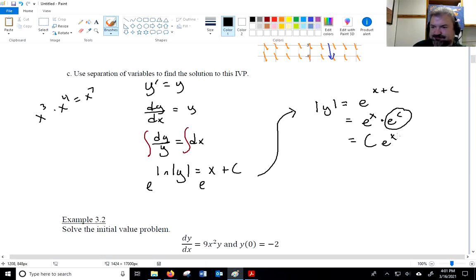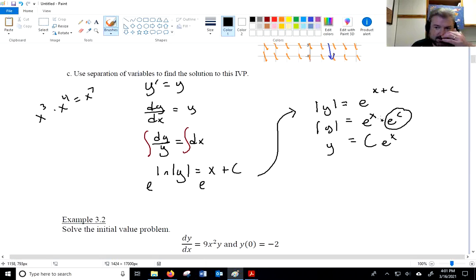Now, the question is, do I need my absolute value bars anymore at this point? Well, the answer is no, I don't, because the absolute value of y is saying that y could equal either positive C e to the x or negative C e to the x, and negative C and C are both C's.